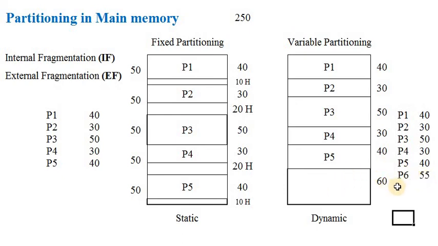What is the required size of P6? 55. We need to check the availability. What is the availability here? 60. Is 55 less than 60? Yes. So when our condition is satisfied, process P6 will be allocated in the main memory.